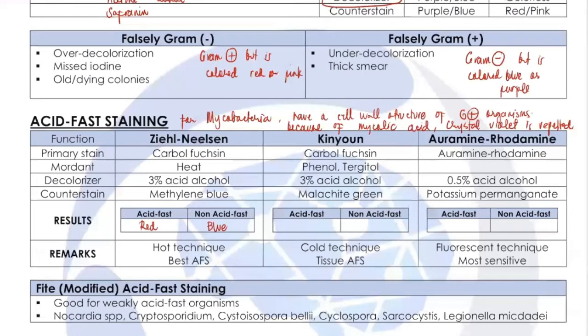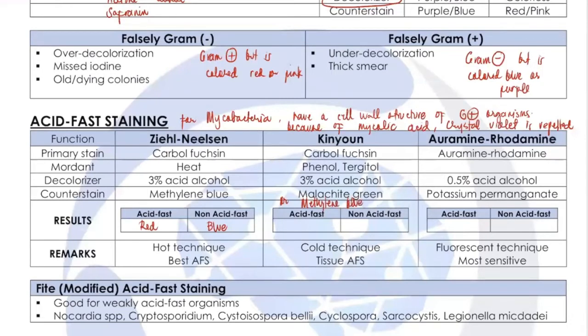So for the carbol fuchsin to be able to penetrate the hydrophobic barrier of an acid-fast organism, we use phenol or tergitol. Still, the decolorizer is 3% acid alcohol, and for the counter stain, we could use malachite green or methylene blue.